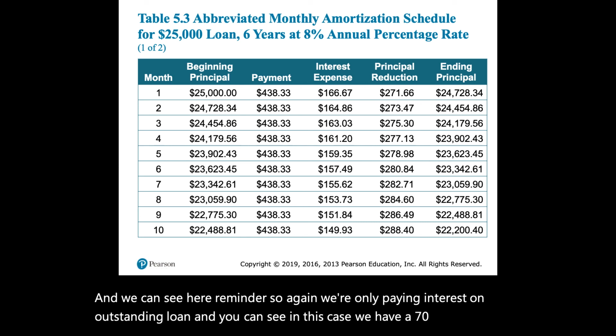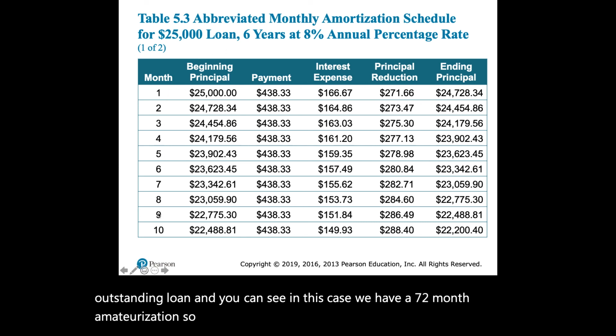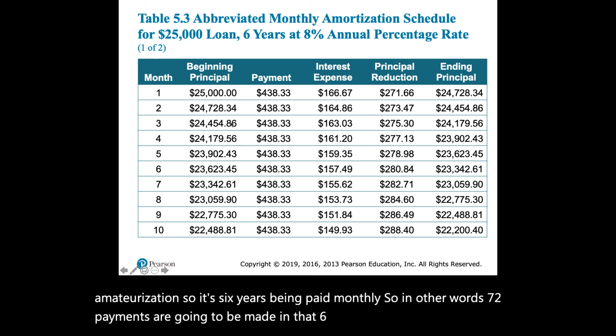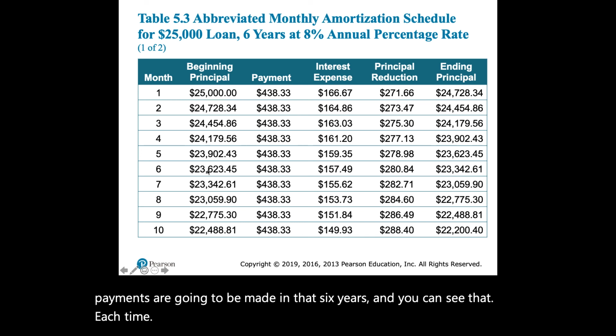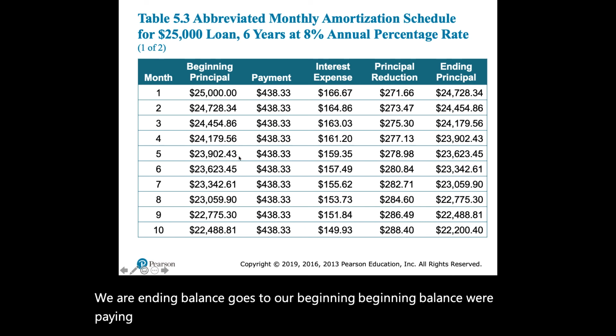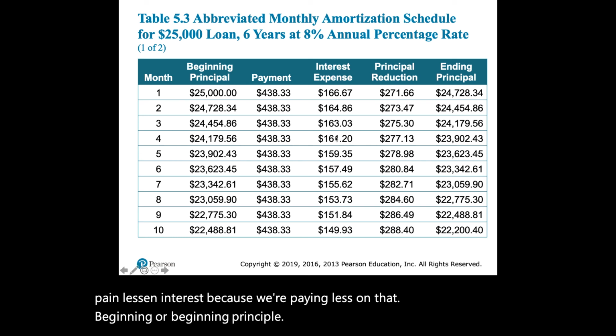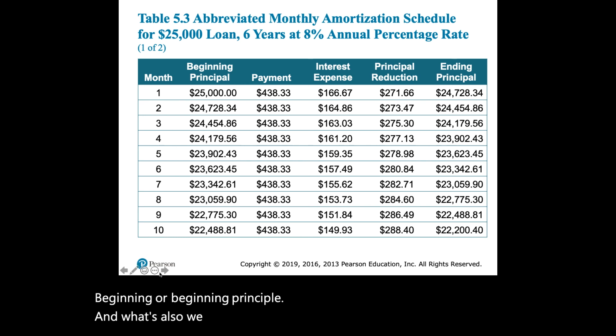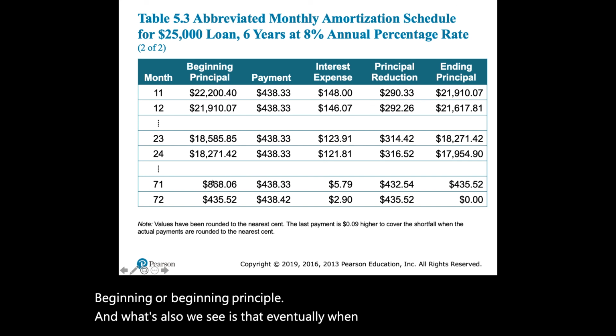Each time our ending balance becomes our beginning balance, we're paying less in interest because we're paying it on a smaller beginning principal. And what we also see is that when we move towards the end of the loan, we're paying very little interest, and the majority of our payments are comprised of principal.